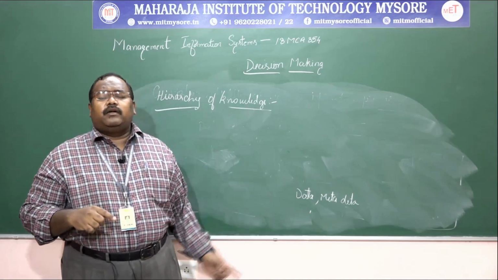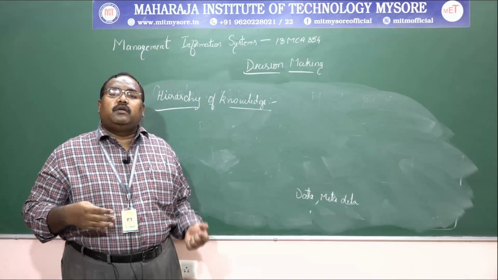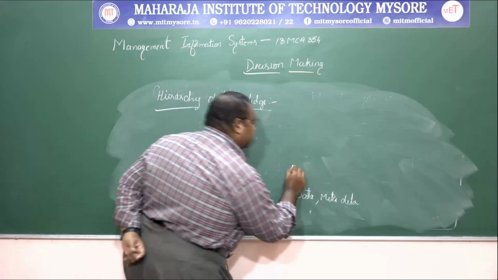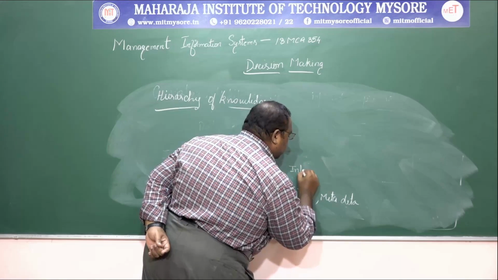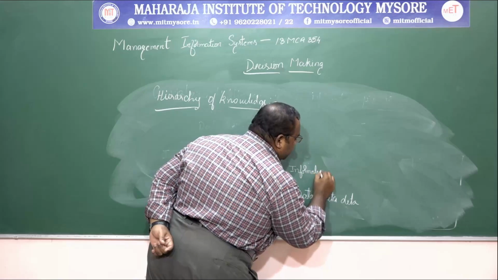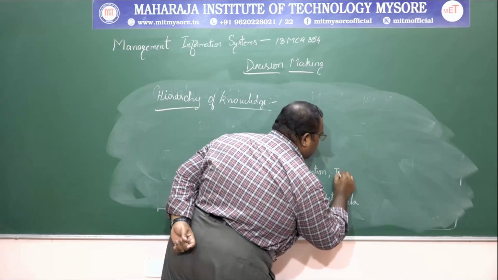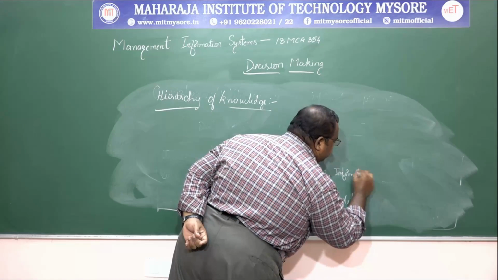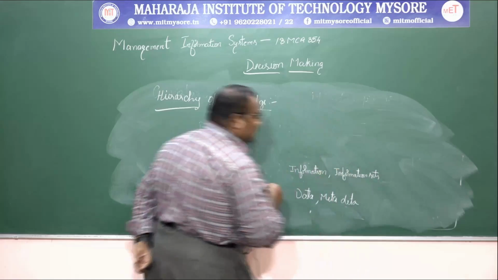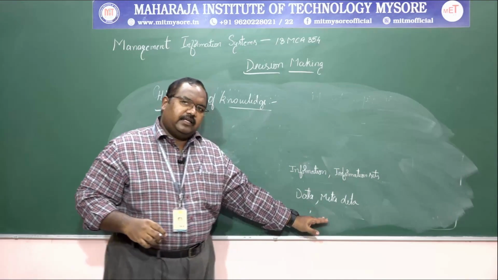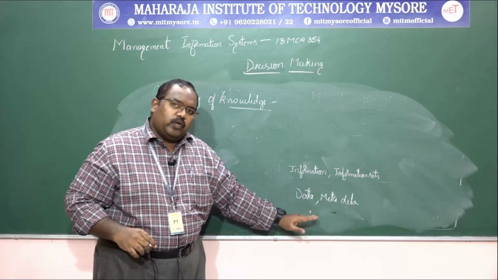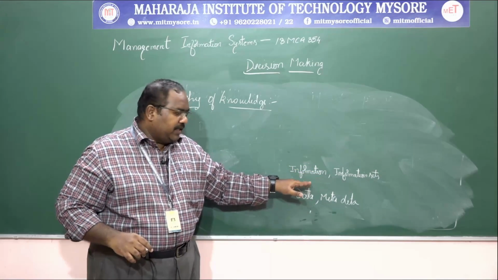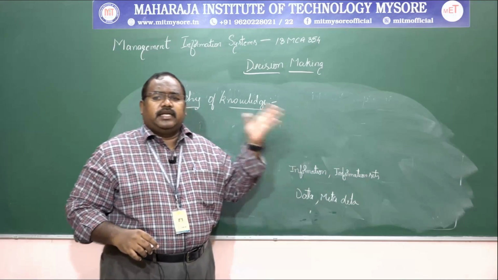With the data and the metadata, what are we able to achieve? With the data, we can have information and information sets. Look at this. Initially we have a lot of data and metadata. With the data and the available metadata, we can derive information and information sets.